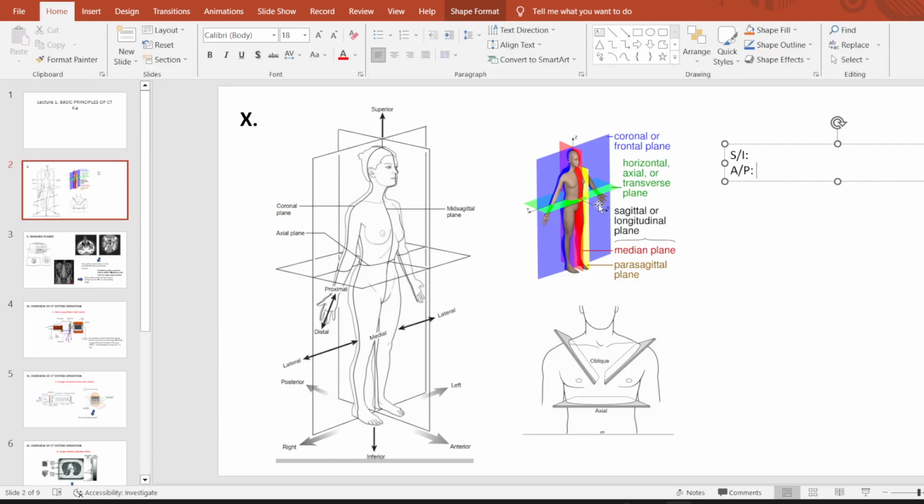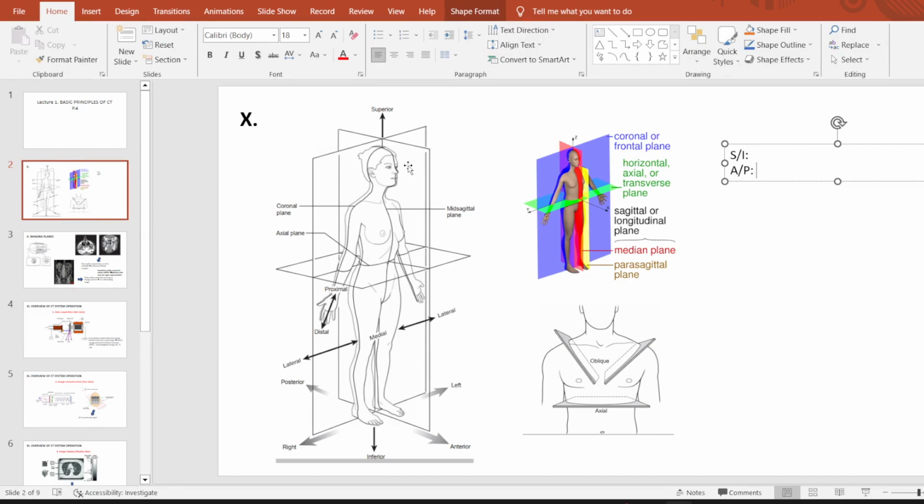So the second plane I want to introduce to you is the coronal plane. You can see right here, it can also be called the frontal plane. So what is the coronal plane? The coronal plane divides your body into two sections too, but this time it divides you into the anterior section and the posterior section.